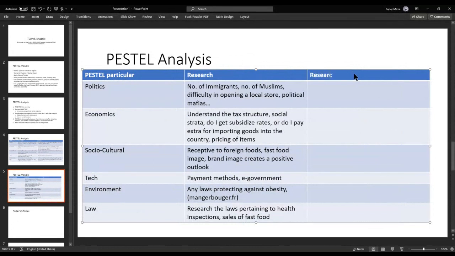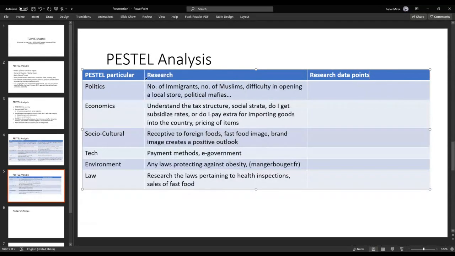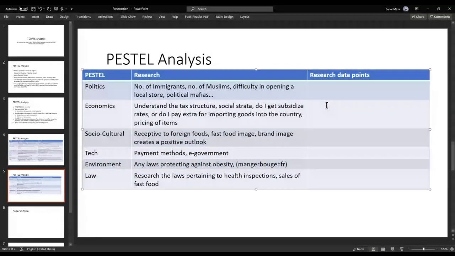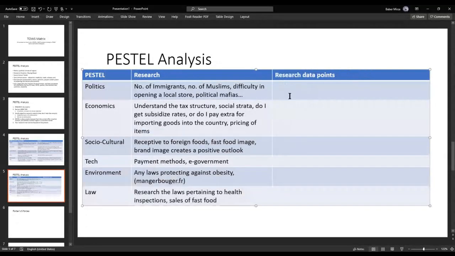So here are some research data points which we can use later on in our SWOT analysis. So what did I research? Politics. I found out the number of immigrants or Muslims living in the country, and the difficulty in opening a local store.